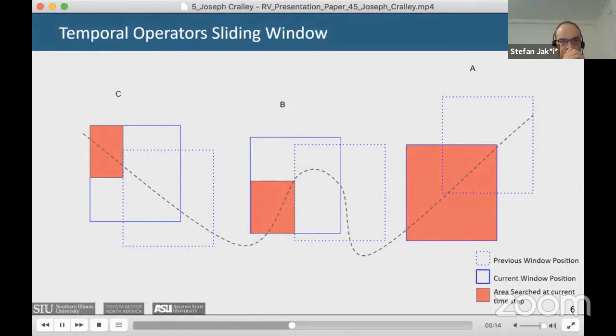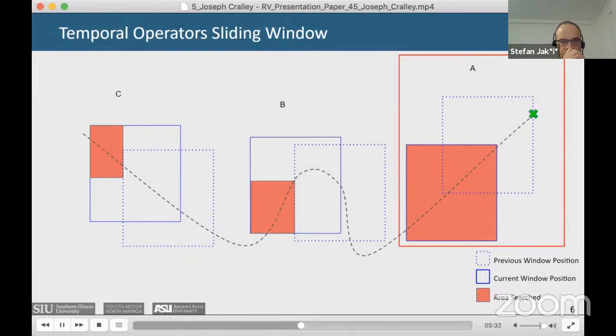In this figure, there is an example of how a sliding window works for time-bounded formulas in TLTK. Assume we want to calculate the temporal operation finally for the shown signal. We start by searching for the max value starting from the end of the signal and move towards the beginning. On this section, we initially search the signal for the corresponding area indicated by the dotted window.